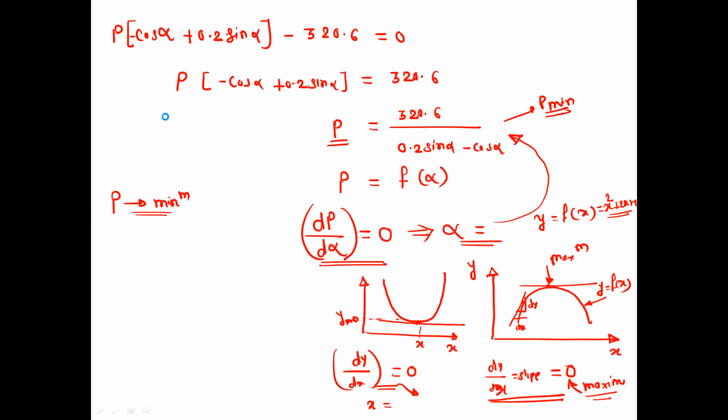Now the second definition is about the angle of repose. The angle of repose is the minimum angle of inclination of a plane with the horizontal for which a body kept on it will just slide down without application of any external force.